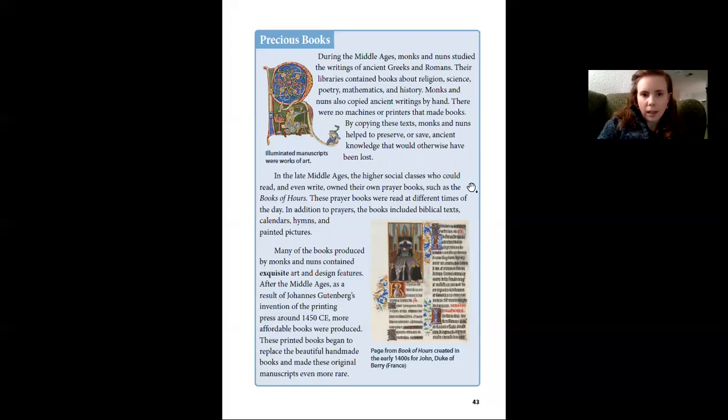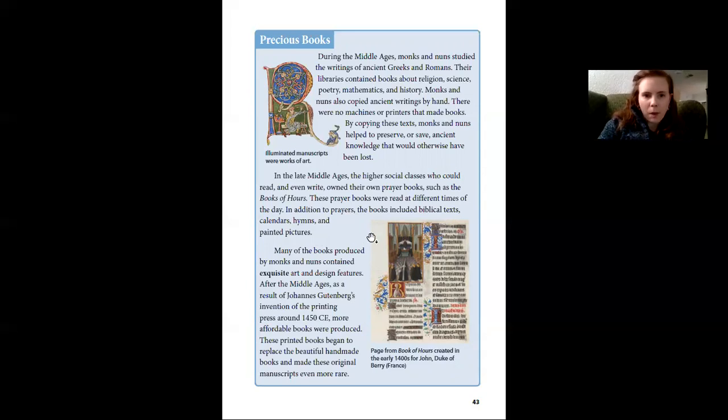In the late Middle Ages, the higher social classes who could read and even write owned their own prayer books, such as the Book of Hours. These prayer books were read at different times of the day. In addition to prayers, the book also included biblical texts, calendars, hymns, and painted pictures. So hymns are songs, painted pictures, calendars, and then texts, little excerpts from the Bible.